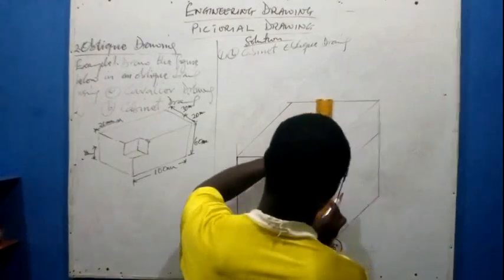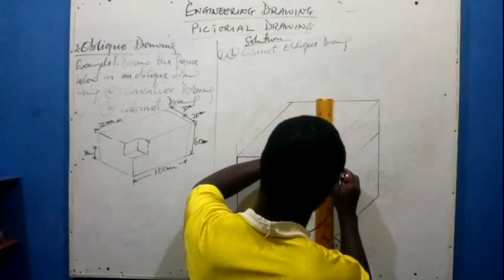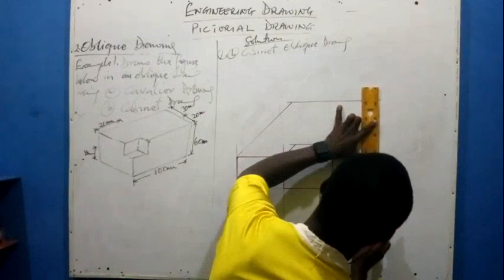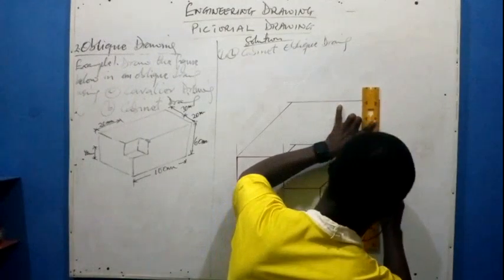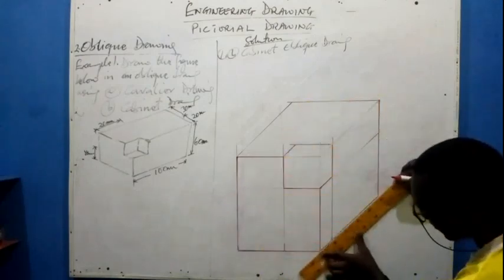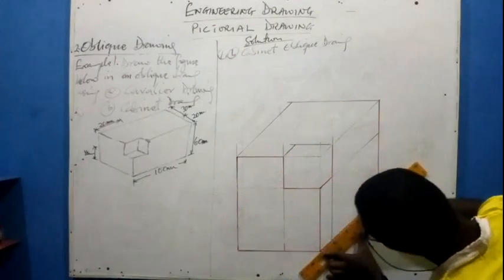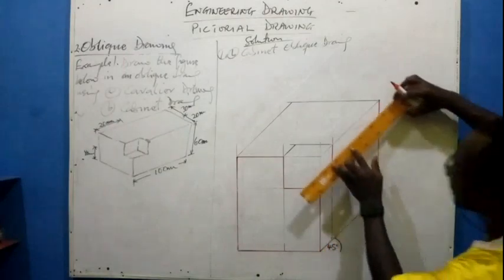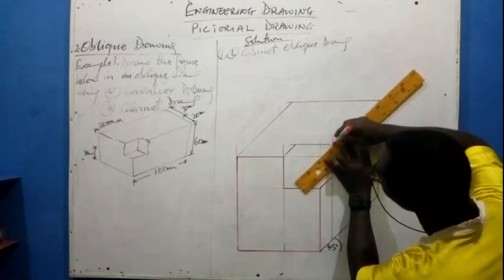Then the vertical section, everything. Then here to the vertical section, whole length. Then the base, then receding halfway. Then come to the top side of the receding line.